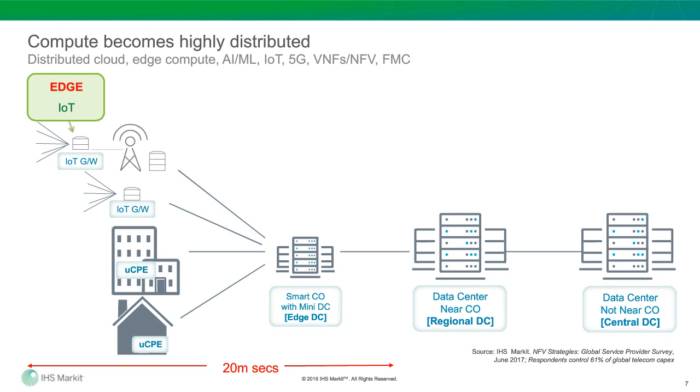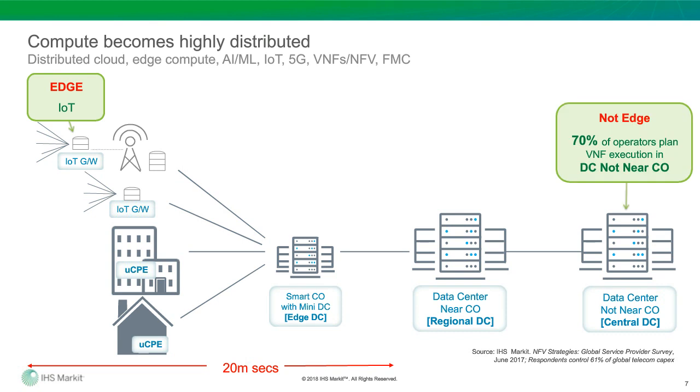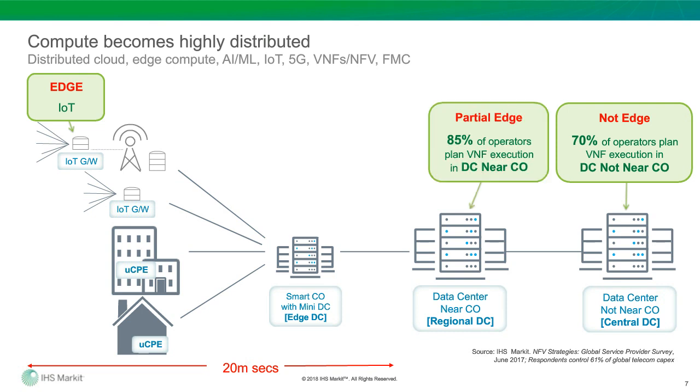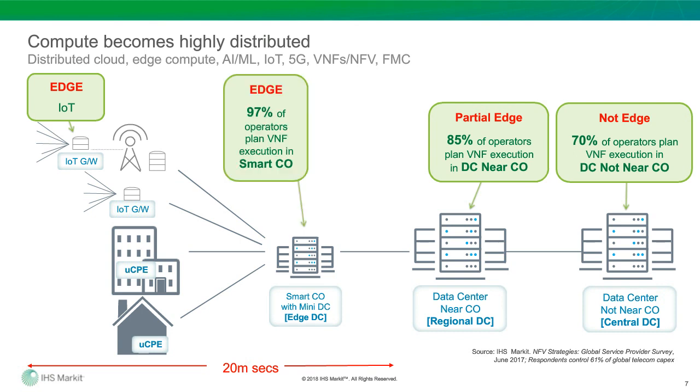There's not an edge, which is at the data center, not near a CO, so central DC. There is a partial edge, where we have an edge near the CO in a regional data center. And the conclusion we make is there's also an edge in the smart CO and mini DC, is that there are many edges.